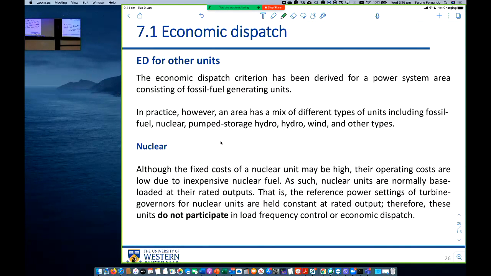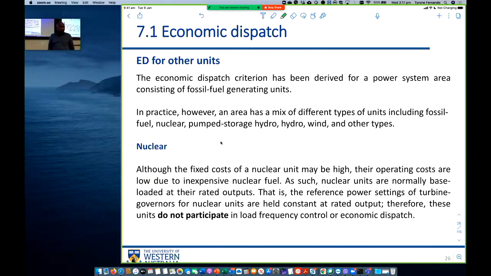So the economic dispatch will be for the power over and above the base load. There will be base power stations, and there will be other power stations that will participate in economic dispatch. So the economic dispatch criterion has been derived for a power system area consisting of fossil fuel generating units.